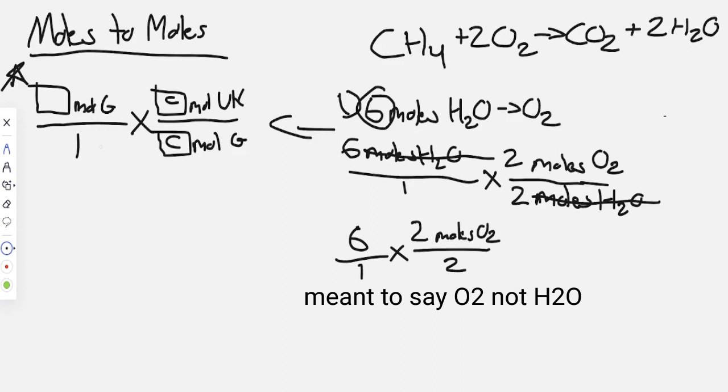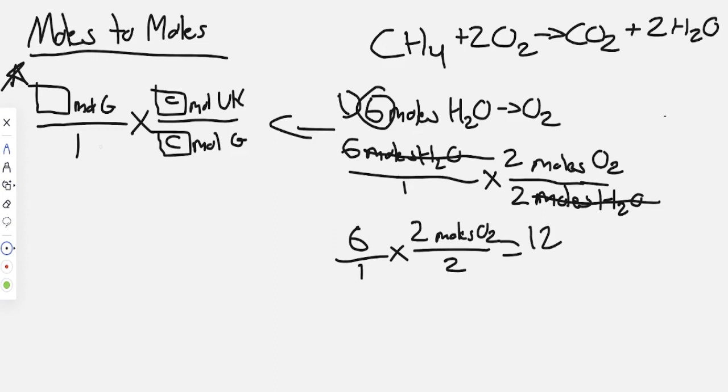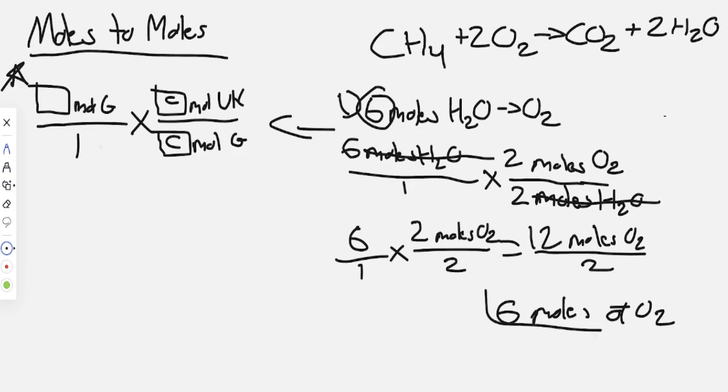To simplify this even more, we would have 12 moles of O2 over 2, which when divided gives us 6 moles of O2, because 12 divided by 2 is 6. That's basically how you do moles to moles conversion.